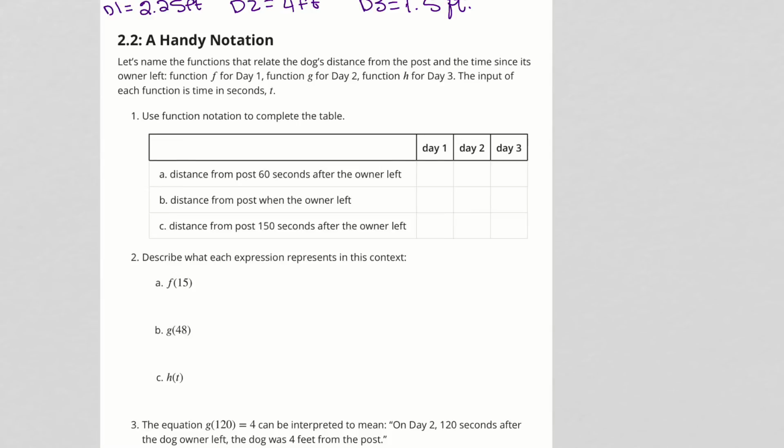So let's see here. For day 1, we are using f for our function, so we're going to say f of 60, because we're doing 60 seconds. For day 2, we are going to say g, so g of 60 seconds.